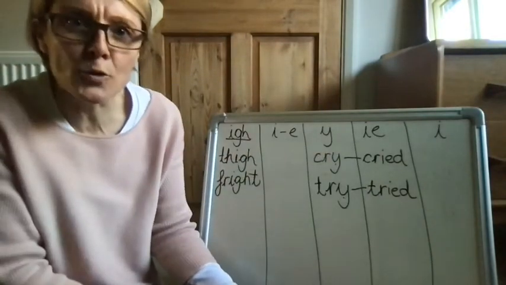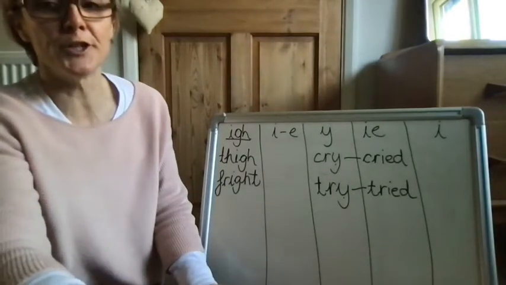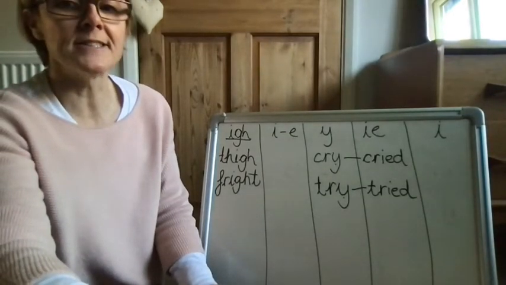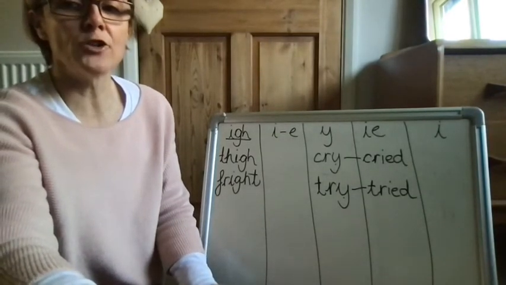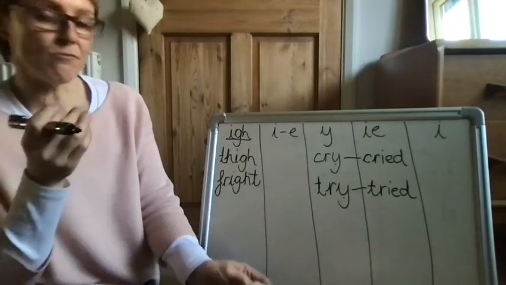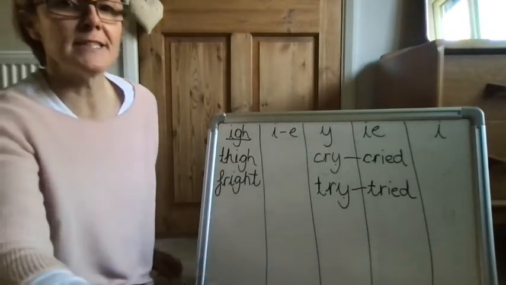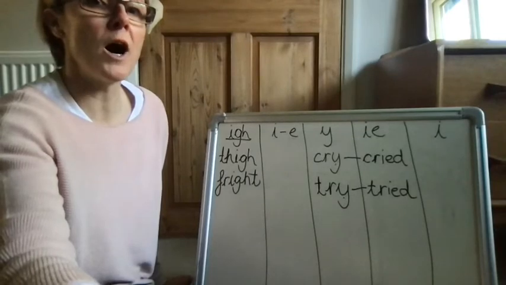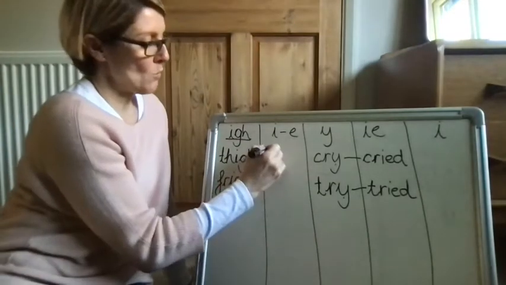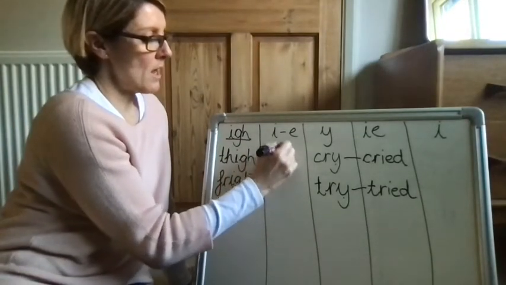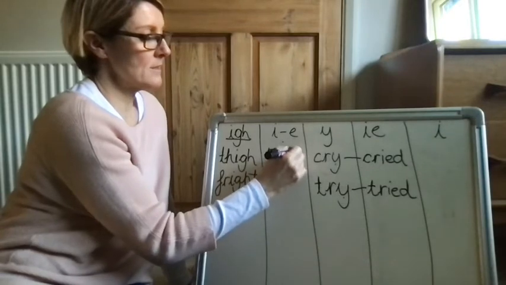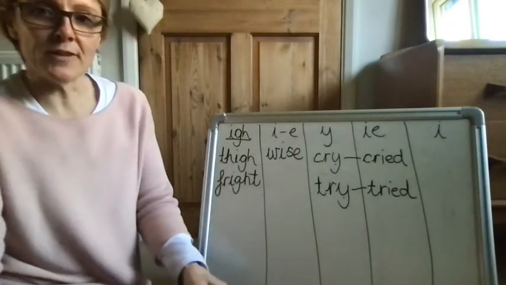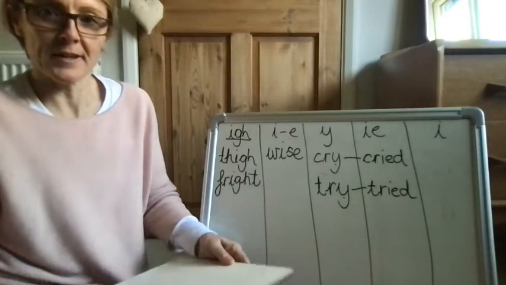The wise old owl knew what to do. Wise. Can you find that on your board and write it using the correct spelling? Wise. Don't forget that at the end.